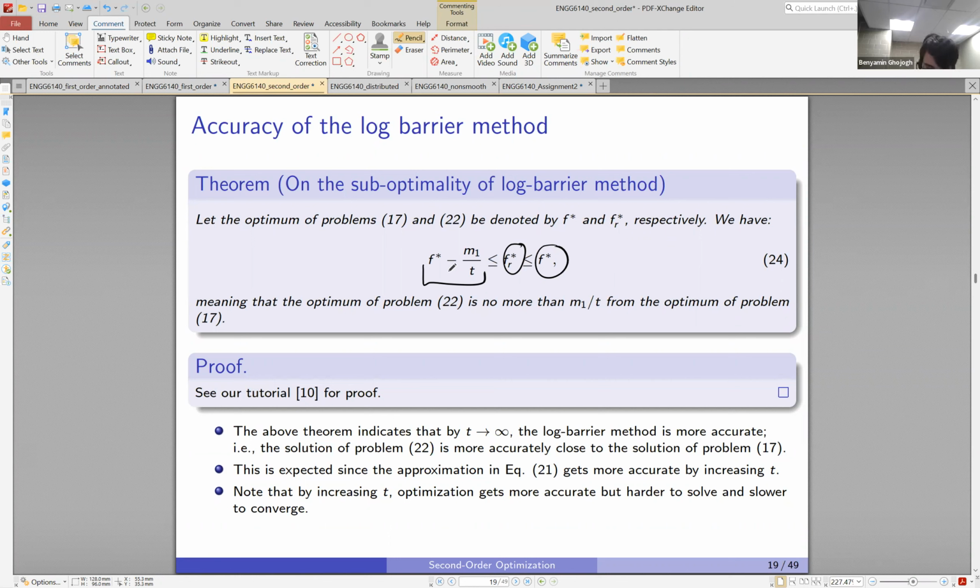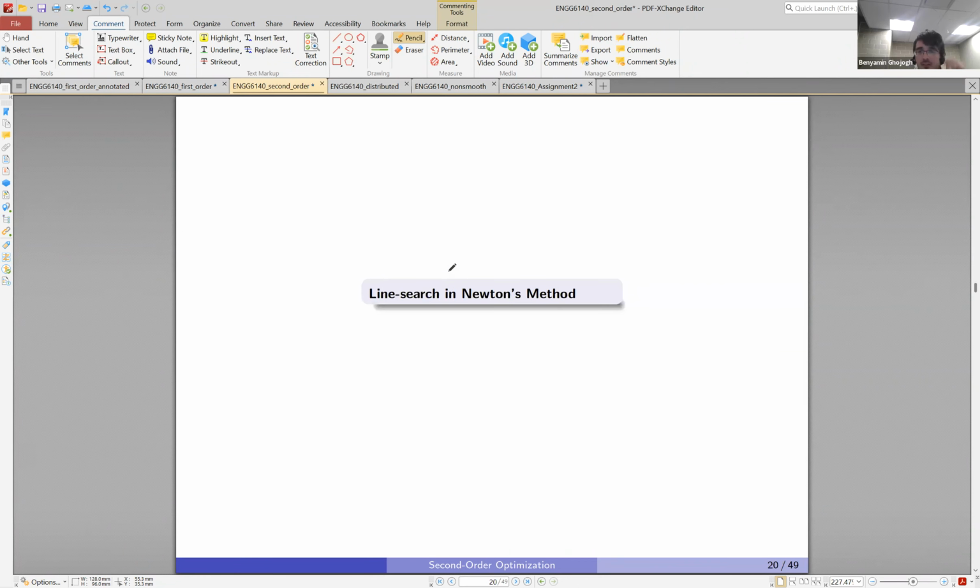F star might not necessarily be what we want, but that's fine. So it's good enough. For the interior point method, specifically the log barrier, the log barrier works well.